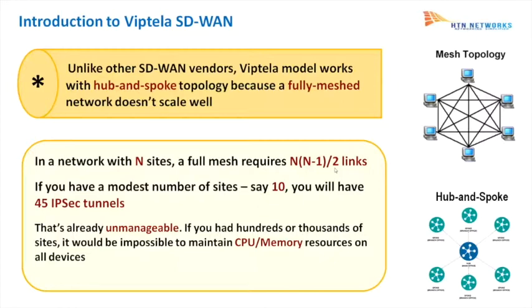So one thing to add to Haris' question is that the mesh topology is fine as long as you have a small number of branch offices, but if you exceed certain limits, then you start seeing the problem. Initially companies don't know how this whole thing will behave once they start adding branch offices.